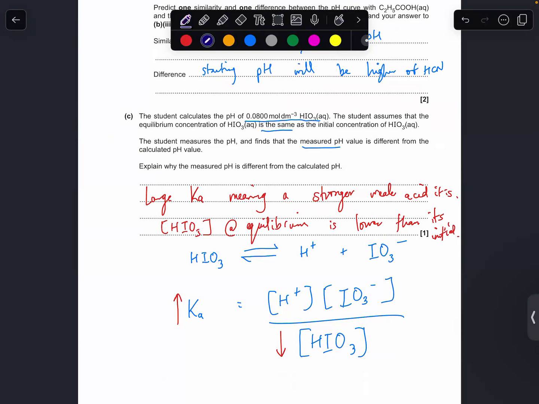So this is another option to answer, but the first point made is sufficient to get this mark. Okay, ladies and gentlemen, that's the end of that.